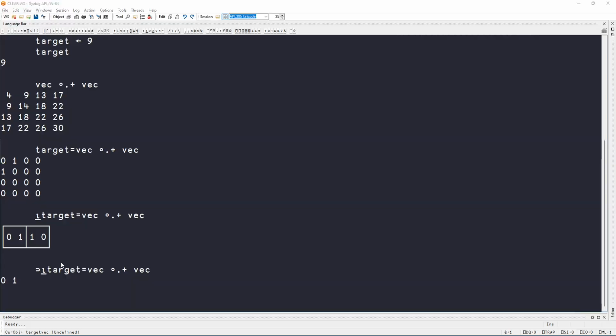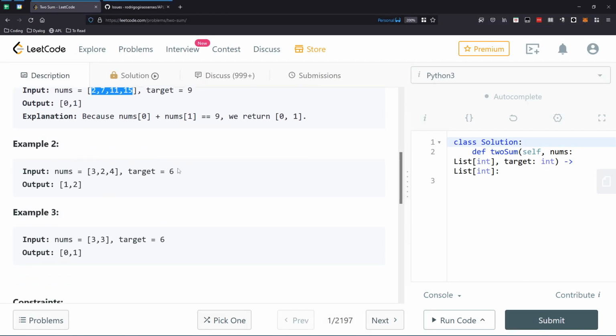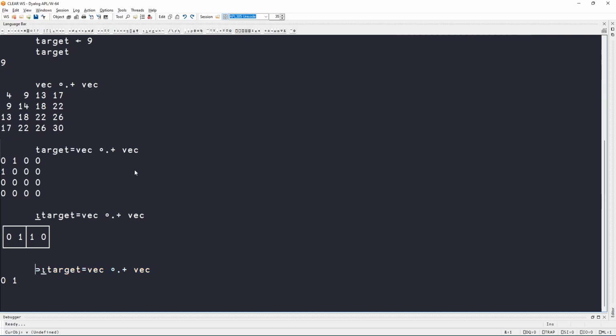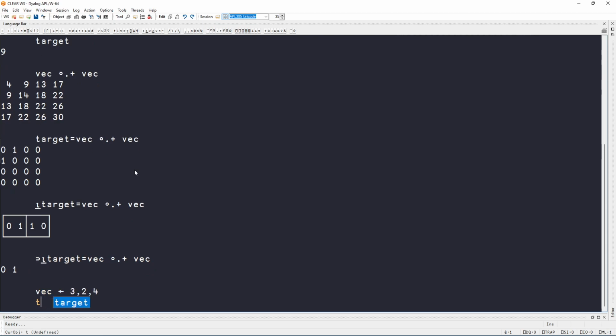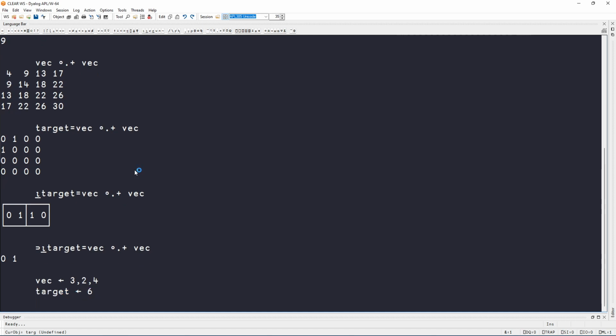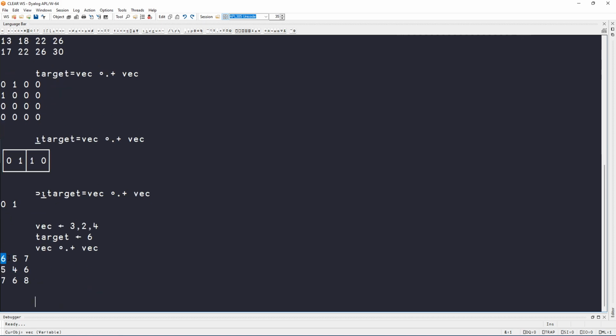Now the only issue comes with examples like this. Here the vector is 3, 2, 4, and the target is 6. If we do the same thing, the outer product plus will give us 6 in the diagonal.